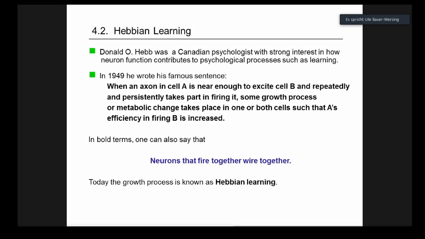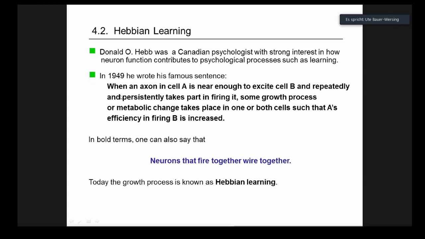So we make a sidestep because now we are introducing the so-called Hebbian learning rule. The name comes from a psychologist called Donald Hebb, who had strong interest in how neurons function, and how this contributes to what he observes in psychological processes when people are learning things.